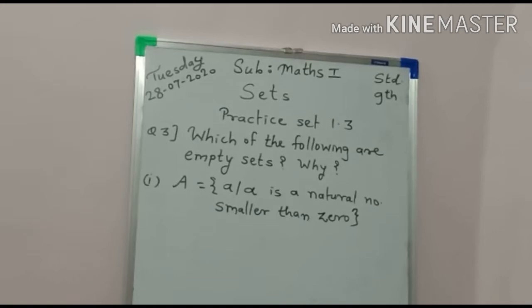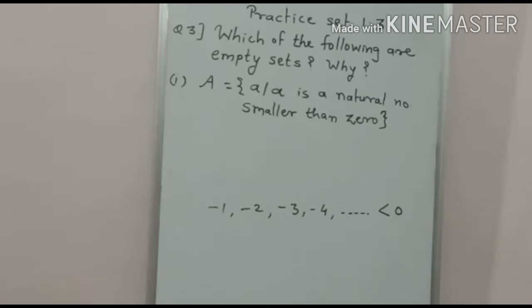So smaller than 0 are what? Negative numbers. Yes, means -1, -2, -3, -4 and infinitely many negative numbers which are smaller than 0. But the question is, are these numbers natural numbers? No, because natural numbers start from 1, 2, 3, 4 infinitely.